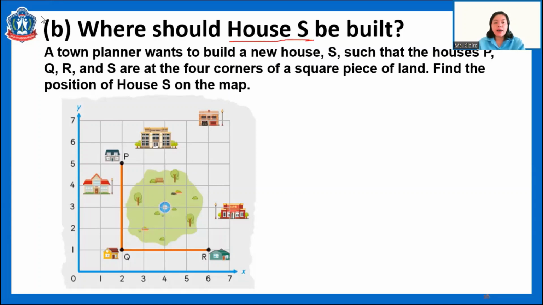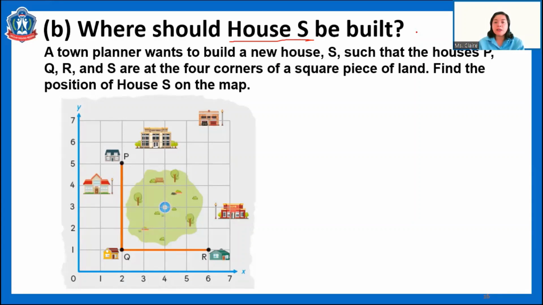So we already have the houses PQR and we are looking for the location for the house S. So a town planner wants to build a new house S such that the houses P, Q, R, and S are at the four corners of a square piece of land. So find the position of house S on the map.